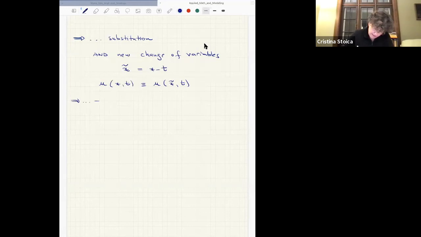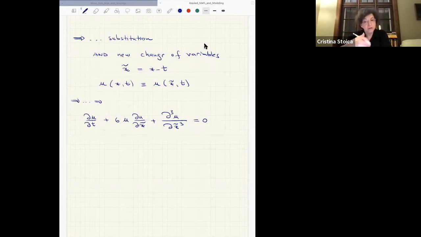We end up with something that looks like this: little du/dt plus 6u times du/d x tilde, plus the third derivative of little u with respect to x tilde equals 0, right? So I'll let you try this. Please do it, it's a calculation.